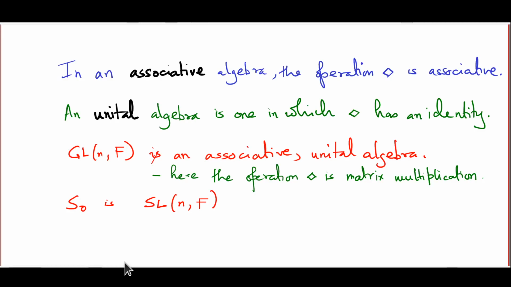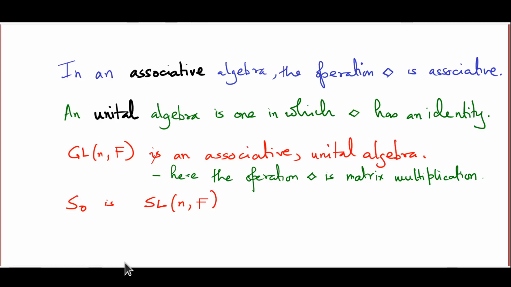Of course, GL(n, F) is a vector space because when you add two n by n matrices, you get another n by n matrix, which gives you the vector addition in the vector space. You can multiply GL(n, F) elements by scalars, that is elements from F, to produce new n by n matrices. But in addition, you can also multiply them. And this multiplication, like all matrix multiplication, is associative. It also is unital because there is an identity element here. And the identity element, of course, is nothing but the n by n identity matrix.